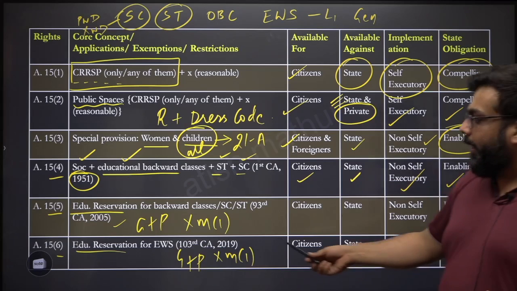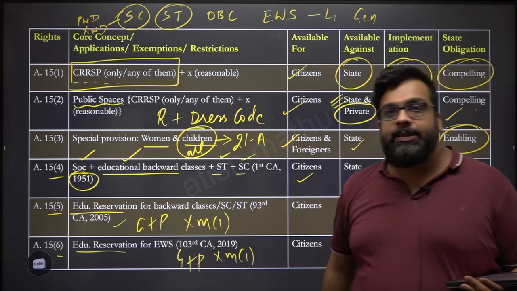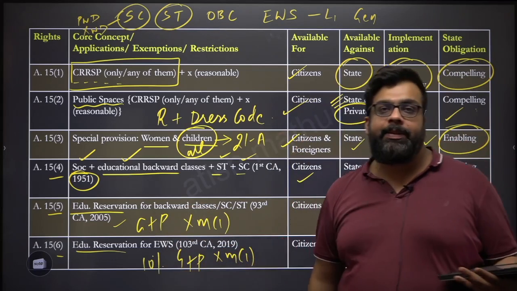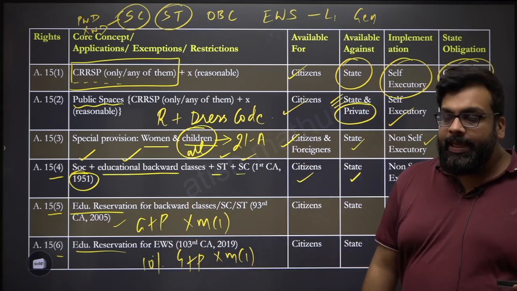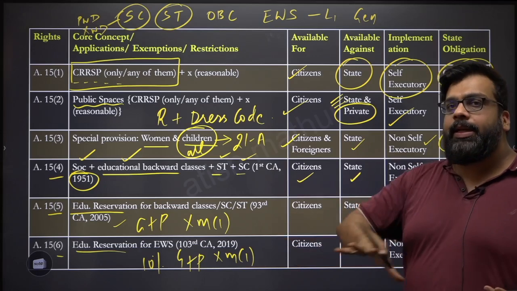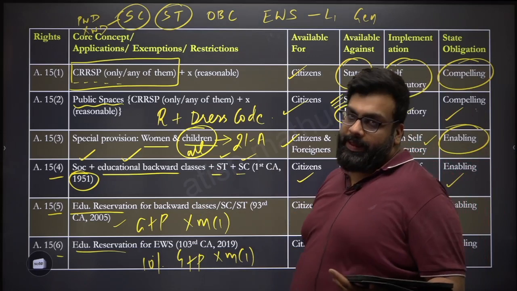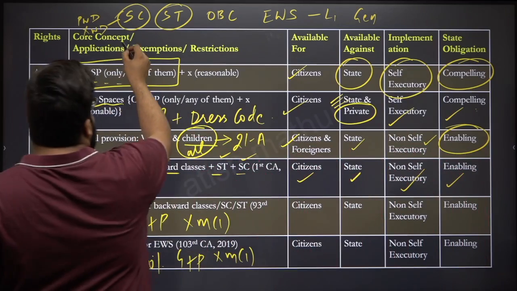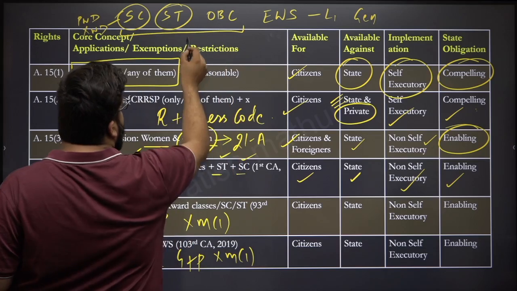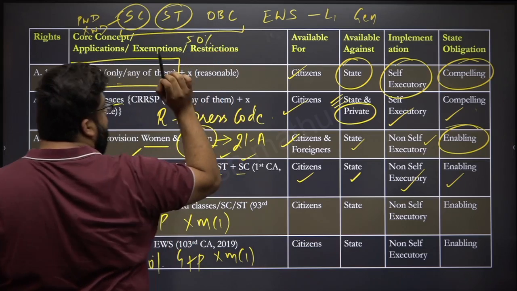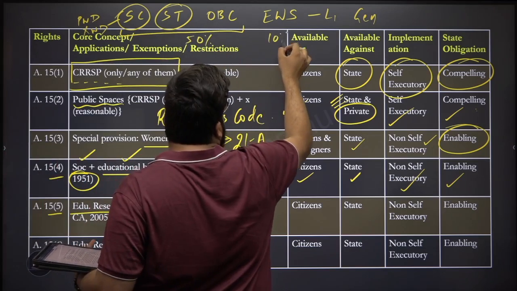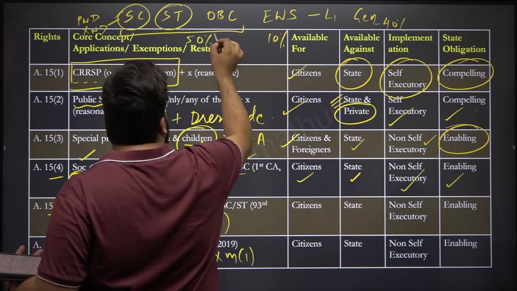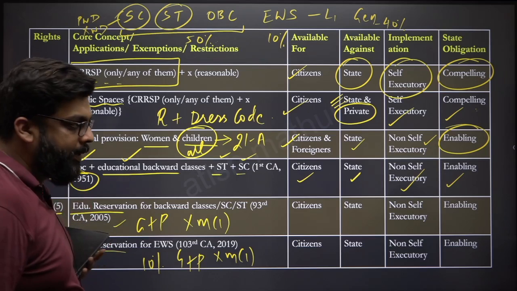And of course, for EWS the percentage is mentioned here, and it has to be taken as 10% out of the general category, and it also says that the total should not cross 50%. Very interestingly, the SC, ST, OBC reservation should not cross 50%. This will be 10% for EWS, and general will be 40%. This was laid down in the Indira Sawhney judgment.